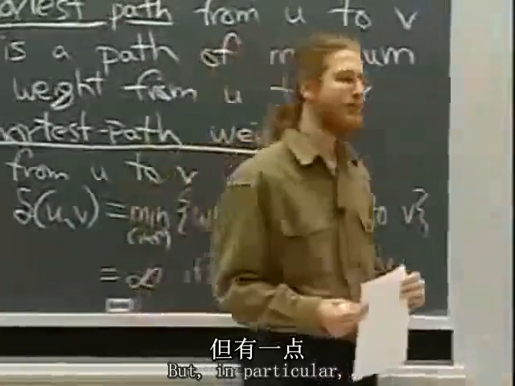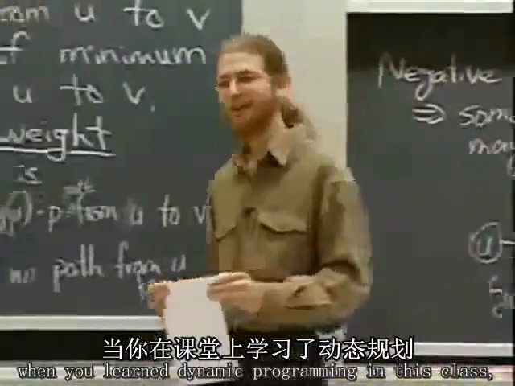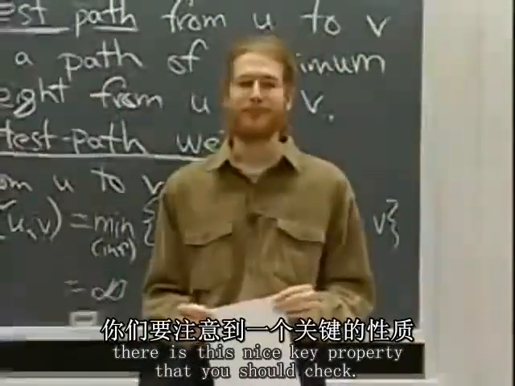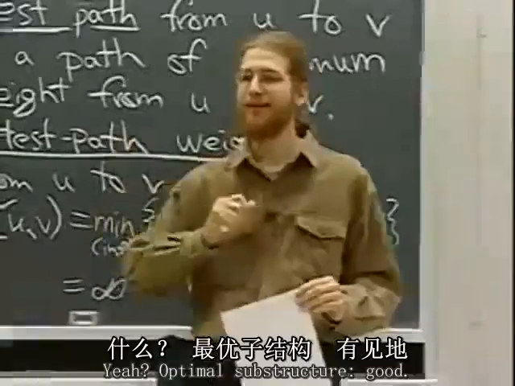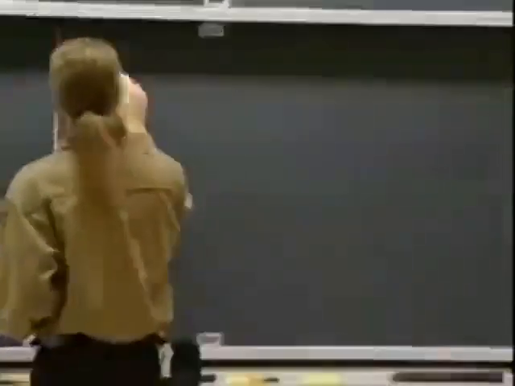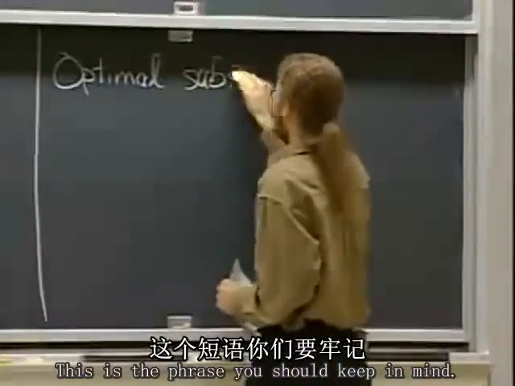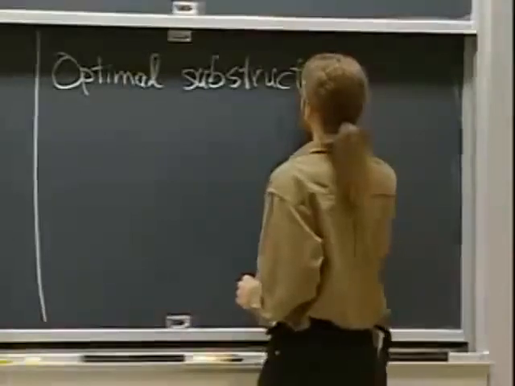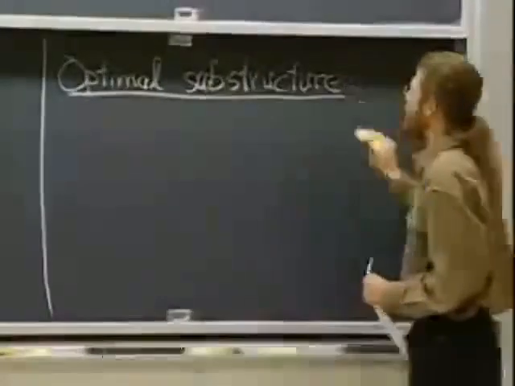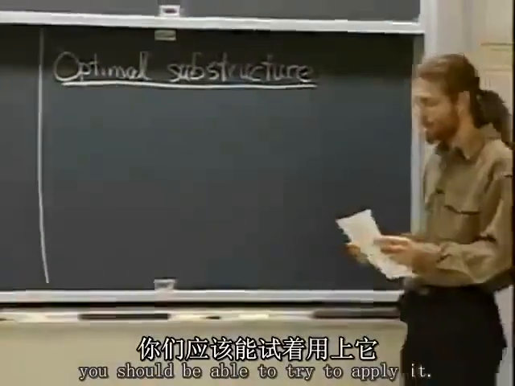But in particular, when you learn dynamic programming in this class, there's this nice key property you should check. Yeah? Optimal substructure. Optimal substructure, good. This is the phrase you should keep in mind. It's not really enough for dynamic programming to be useful in an efficient way, but it at least tells you that you should be able to try to apply it.